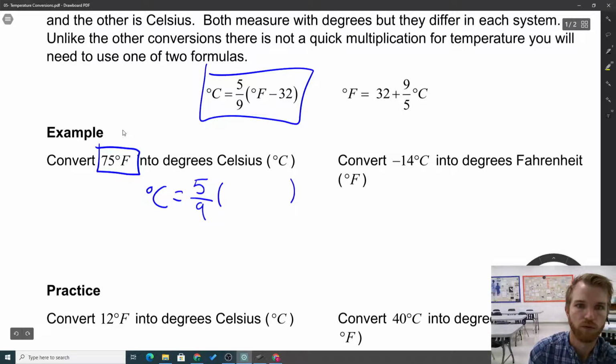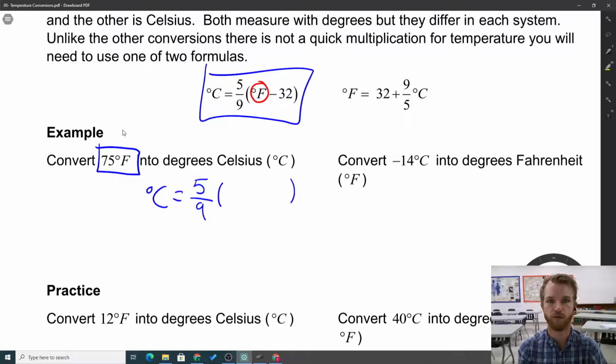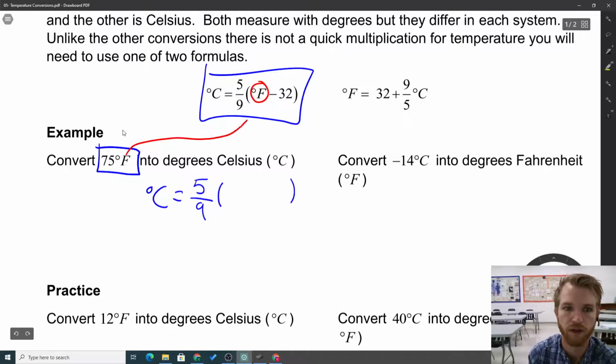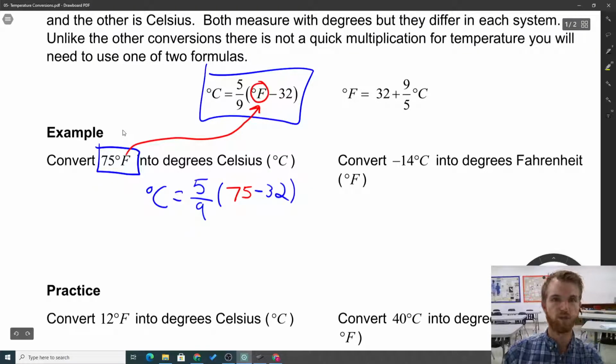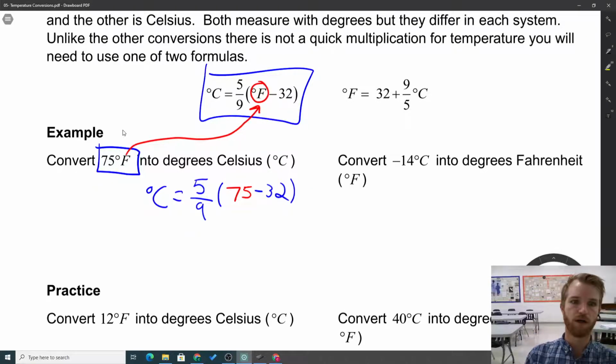Here I have degrees Fahrenheit, which is just the Fahrenheit that we're converting from. We're taking our 75 and plugging it in right here, so we replace degrees Fahrenheit with 75, and then minus 32 from that. So my equation is completely set up now. I picked the right equation and then I took my degrees Fahrenheit and plugged it in right here.